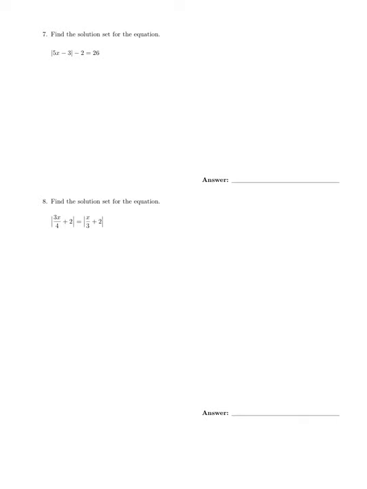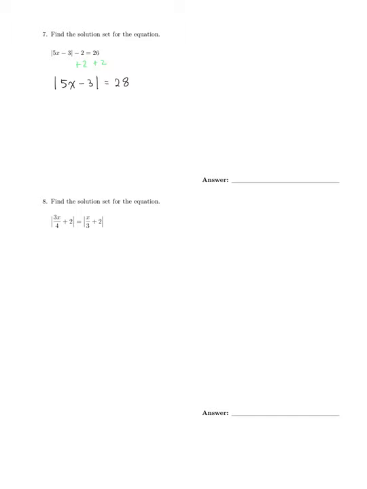So we have absolute value of 5x minus 3, and then minus 2 equals 26. So step number 1, isolate that absolute value. So here what I'm going to do is add 2 to both sides. Then here you're going to have the absolute value of 5x minus 3 equals 28.